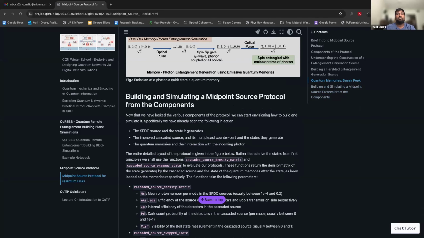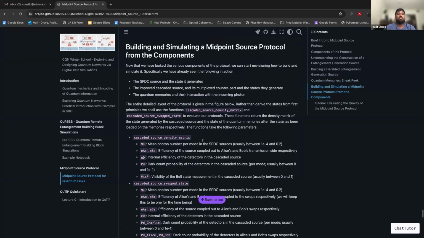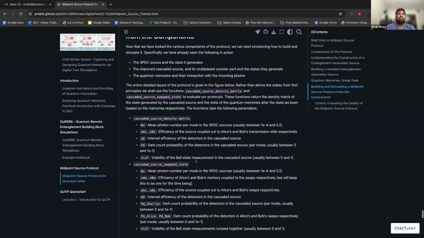But if I have given you the density matrices, you can optimize to evaluate the performance of the state. So you can optimize the state generated by the source and the midpoint separately using this function, cascaded source density matrix. This gives you the density matrix of the photons coming from the satellite. And you also have the density matrix of the memories after the swap has been done.